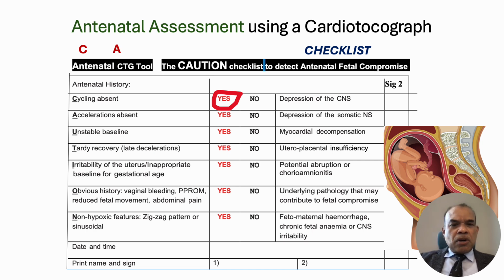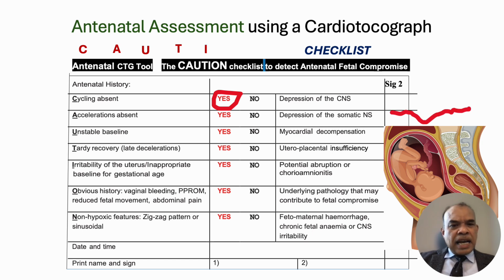Then it talks about accelerations, because in the antenatal period, in the absence of hypoxemia and inflammation, a human fetus has to move. Then unstable baseline if there's a myocardial problem, tardy decelerations, because it's often the placental problem that causes compromise in the antenatal period and not a repetitive cord compression.